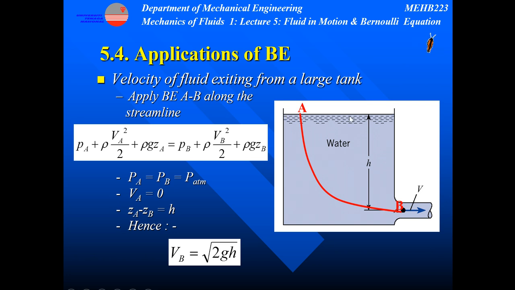Normally at the surface of the tank, because it's a very large tank, at the surface of a lake, a reservoir, or a dam, the velocity should be 0. So you can choose this point because you know that velocity here is 0. So it will reduce your unknown parameters. So you choose this as point 1, and another point is any point that you want to measure. If you want to measure in the pipe, you choose any point that you want to measure. So you apply Bernoulli equation to point 1 and point 2.